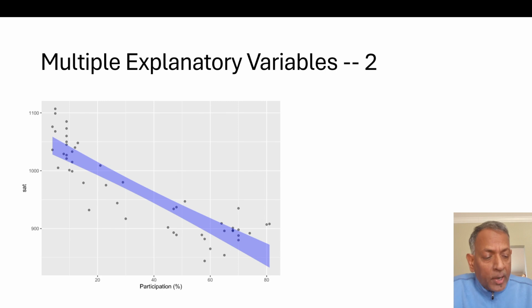Okay, so it's not as if somehow expenditure is causing the SAT score to come down. It is just coincidental that those states with higher participation in SAT are also the ones who are spending more money. And probably it is participation that is explaining the change in SAT scores.